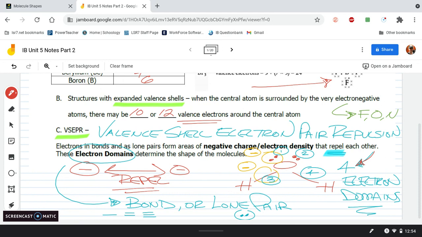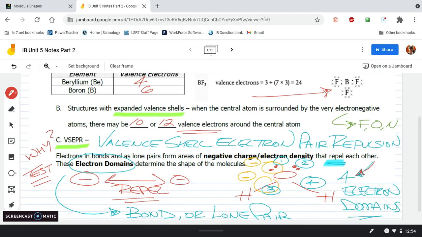You can't answer a why question without talking about the electrons repelling each other, talking about these electron domains. So this comes up a lot of times as a test question, and it's normally a why that you're answering. So the why, you want to talk something about those electron domains.